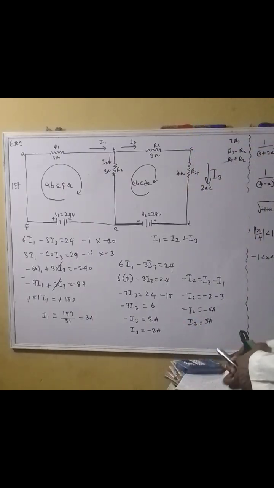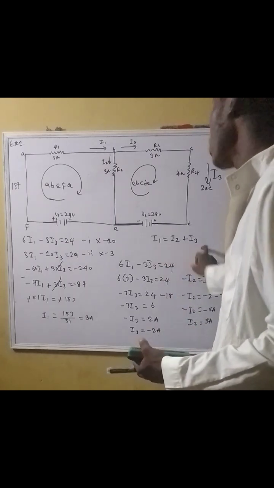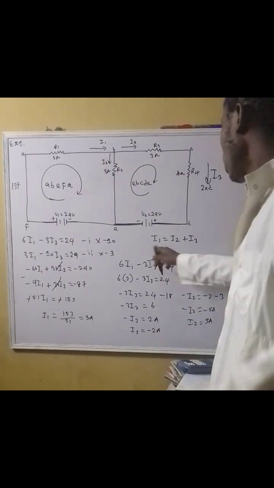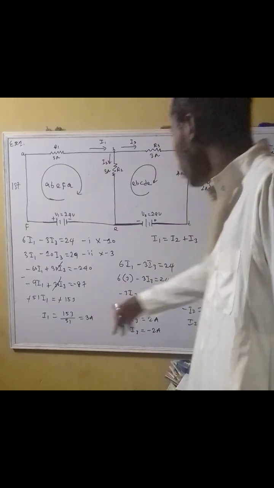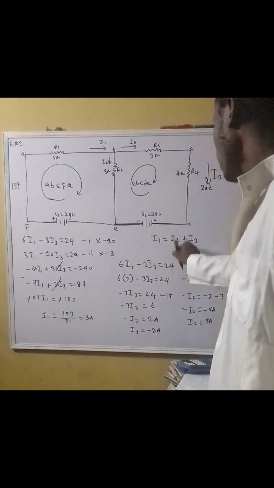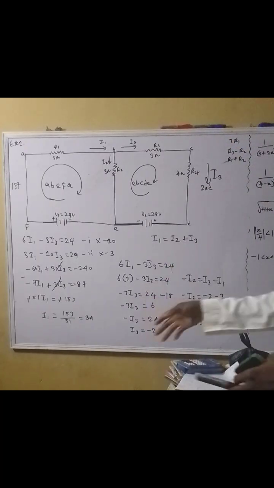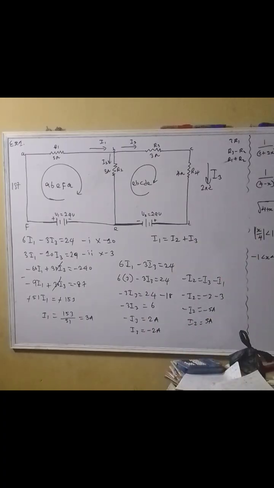You have to make sure you confirm, because current 1 has to give I2 plus I3. And current 1 is 3 ampere. So negative 2 plus 5 gives us 3 ampere. So this is how to find your current 1, current 2, and current 3.